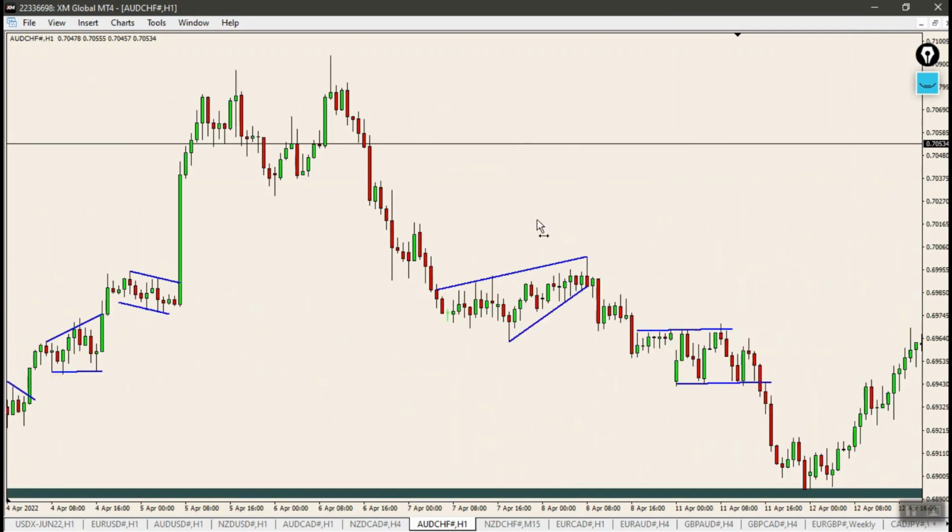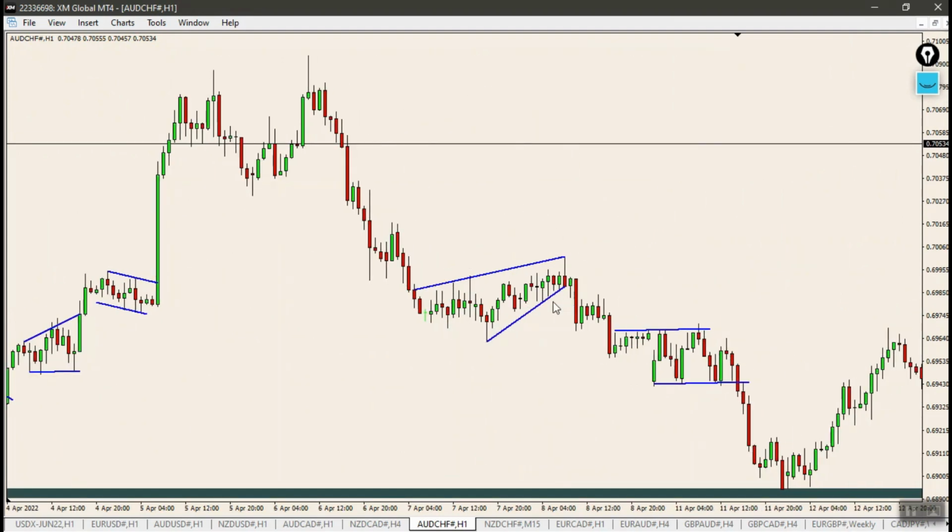On the 1 hour chart we have what looks like a rising wedge, which is a continuation pattern or a reversal pattern, either way, depending on the market conditions. And even on the 1 hour chart we have a first touch, second touch, third touch, fourth touch, and we have now an impulse to the low.